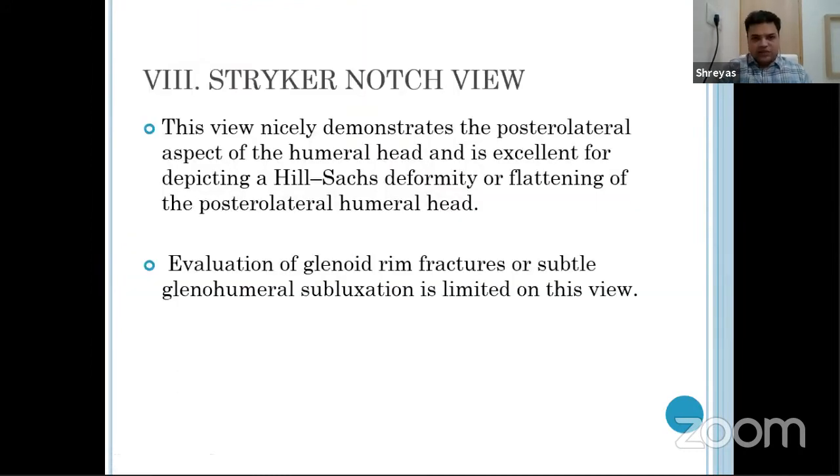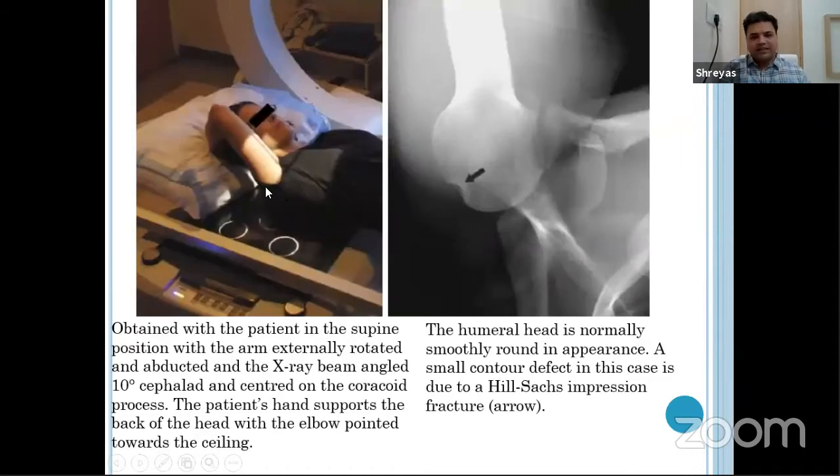Then eighth is the Stryker notch view. This view nicely demonstrates the posterolateral aspect of the humeral head and is excellent for depicting a Hill-Sachs deformity, or flattening of the posterolateral humeral head. This is how this view is obtained.